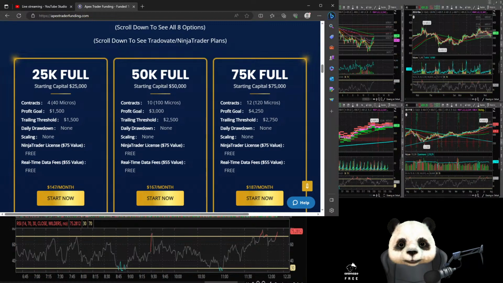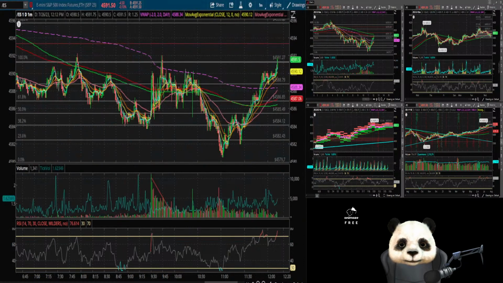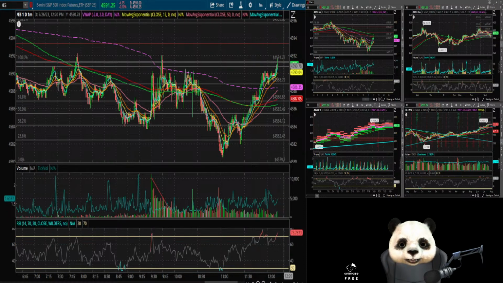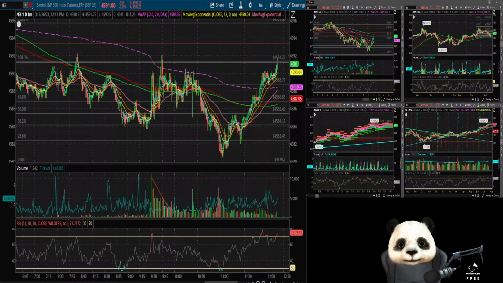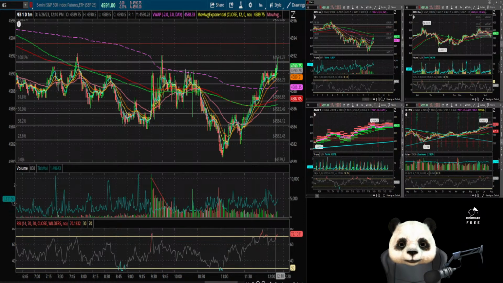I'm gonna exit out of this window here for the Apex. But yeah, you want multiple reasons to enter a trade, and real confidence, and it's just the timing of when you enter the trade for me.